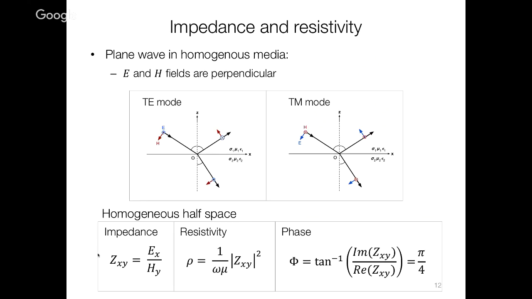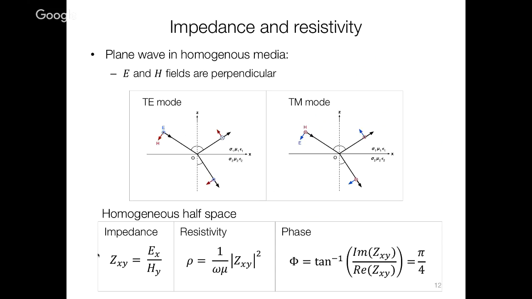There's a couple things that we need to take care of, and again, this has its analogies in seismic. If you have a shear wave, you can have an SV wave, or you can have an SH wave. It depends upon the polarization. We have the same thing here.